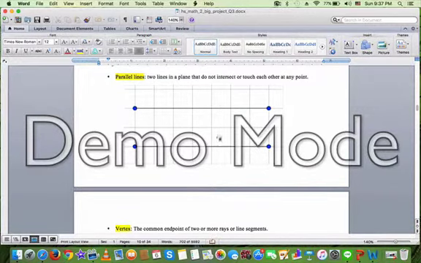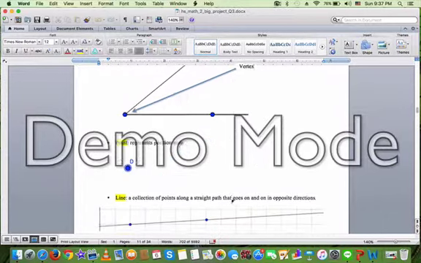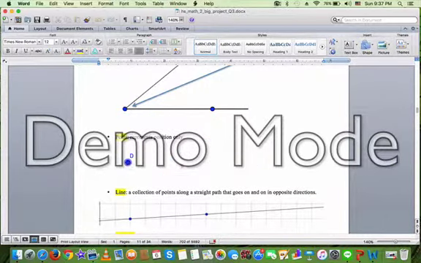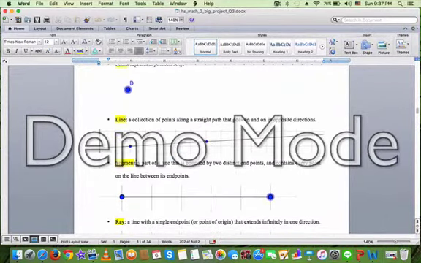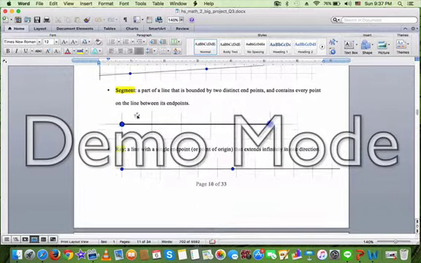Vertical angles are the angles that are opposite of each other. The transversal is this line. Parallel lines are two lines that do not intersect or touch each other at any point, so these two lines are parallel. The vertex is this part, and the point is this thing.